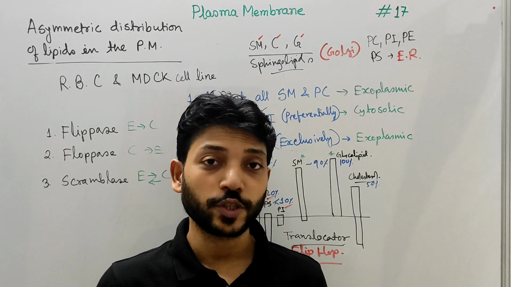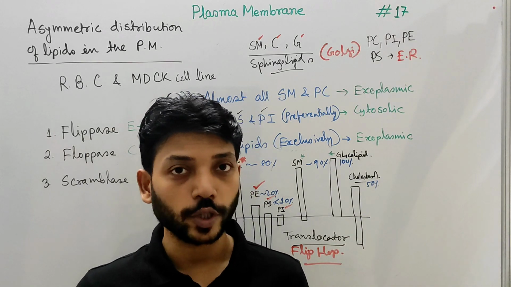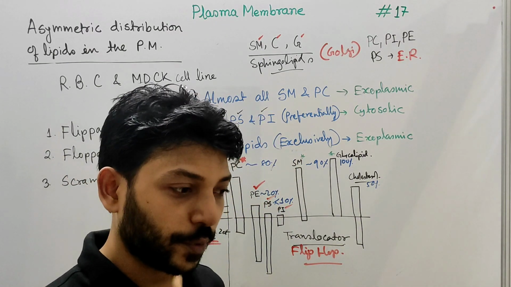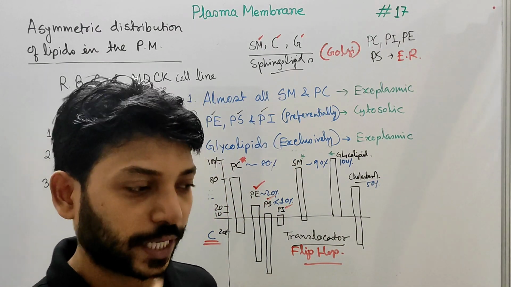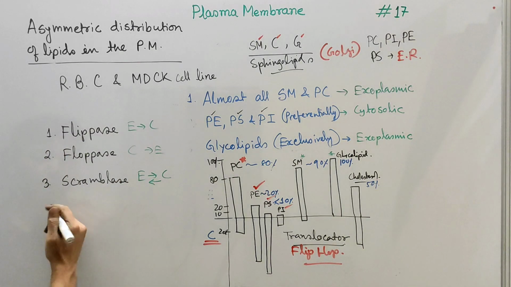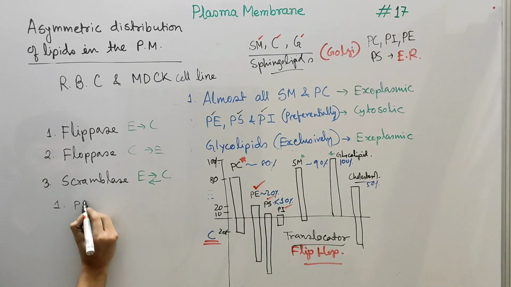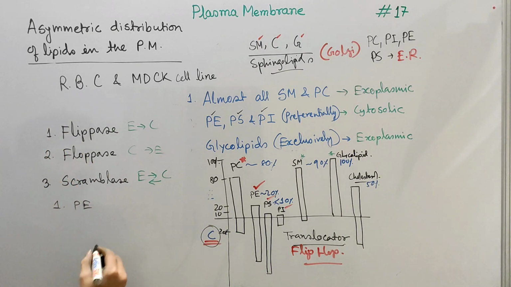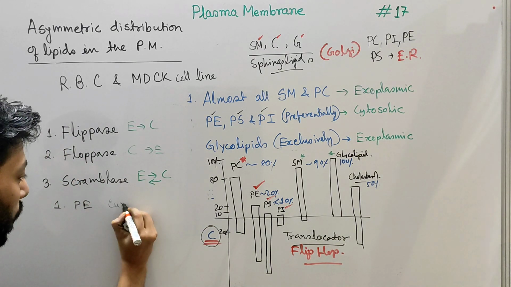Now, is there any benefit of this asymmetric distribution of lipid molecules? Yes, there are some examples of properties represented by the plasma membrane, like the presence of phosphatidylethanolamine inside, in the cytosolic leaflet, helps to make curvature in the plasma membrane.